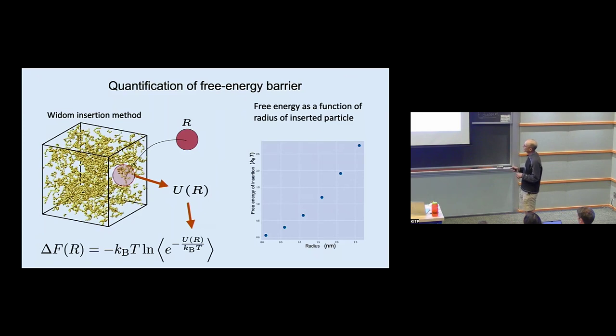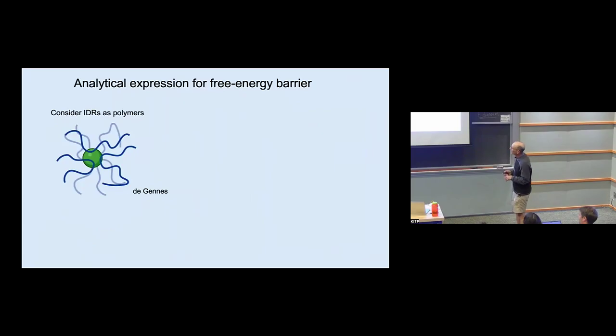And you get something that begins sort of linearly, but seems to then go up as maybe some power of the radius. And so you'd like to say, well, can we understand that? And the answer is, we don't need to understand it because de Gennes understood it. And once de Gennes understands something, it's understood. So the idea is, forgetting about the details of the stickers and so on, just think about this as disordered polymers, and the question of what is the free energy cost of inserting some test particle in here.